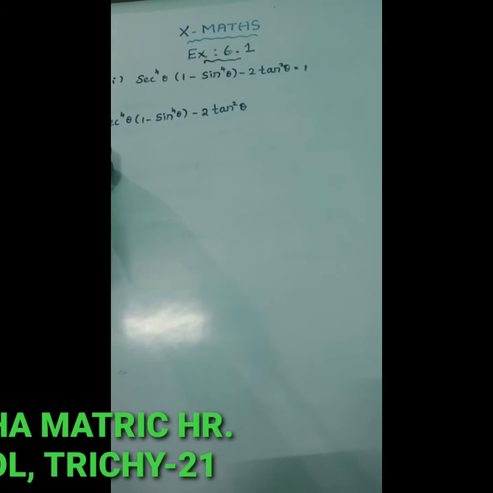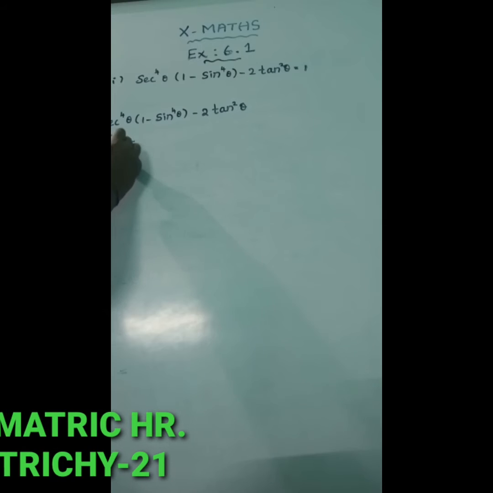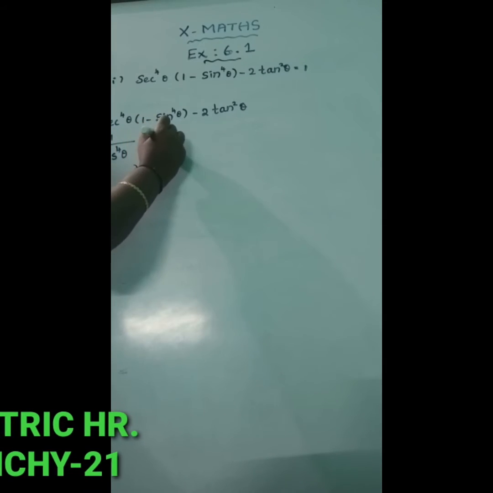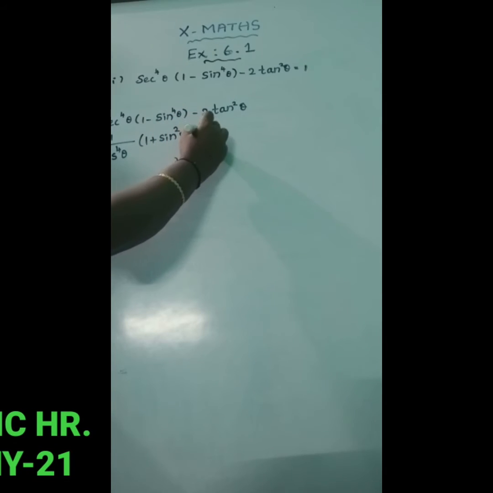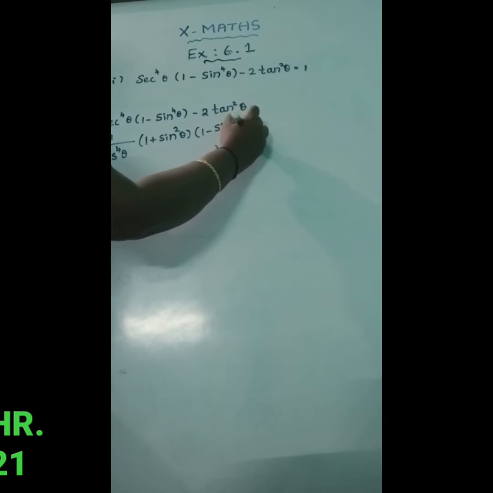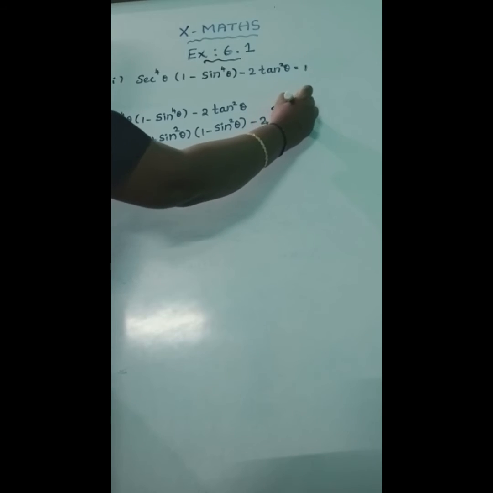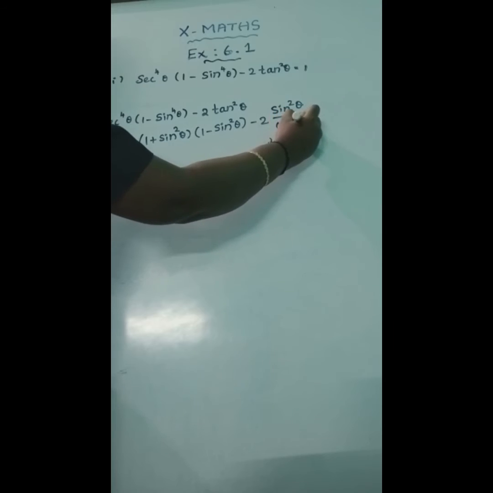That is, we write it as 1 divided by cos power 4 theta into 1 plus sin square theta into 1 minus sin square theta minus 2 into sin square theta divided by cos square theta.